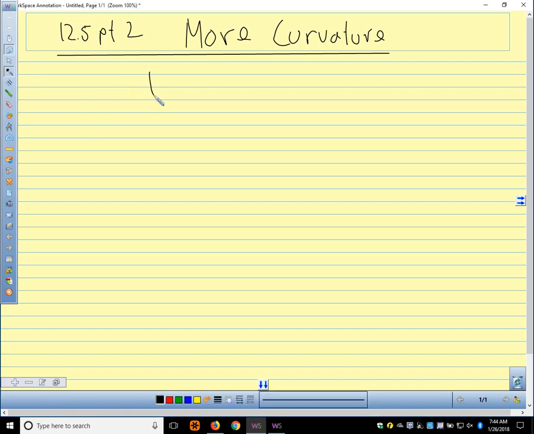In the plane, so we came up with a formula for curvature for a vector valued function. Well, we can simplify things a little bit if we have a curve in the plane.